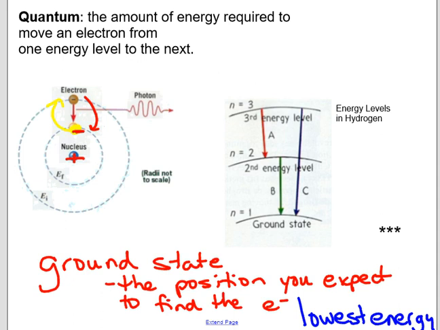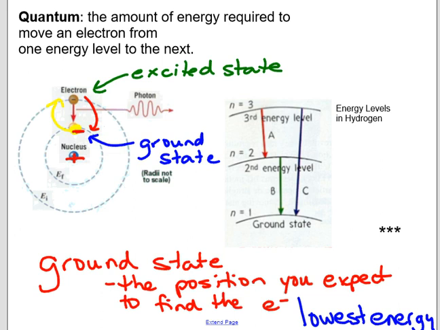When we draw Bohr diagrams and we put the electrons on, we're putting them in a position we'd expect to find them. The reason that we expect to find them is that's the lowest possible energy position for that particular electron. So when an electron falls from its higher energy level, we call that an excited state, down to its normal energy level, its ground state, the energy has to be released.